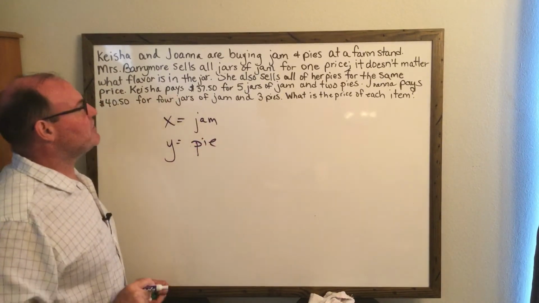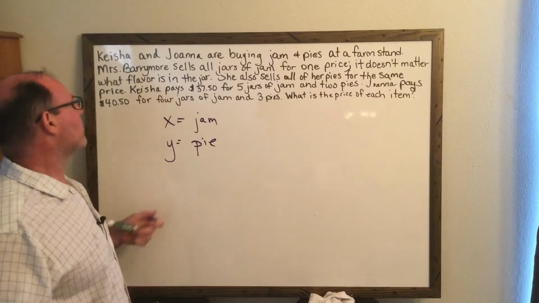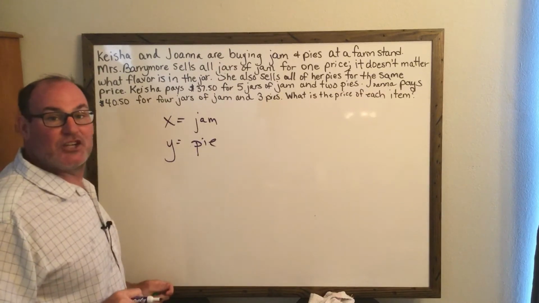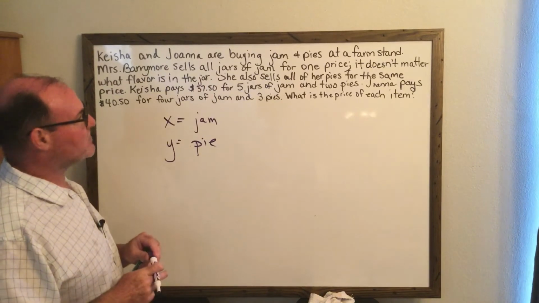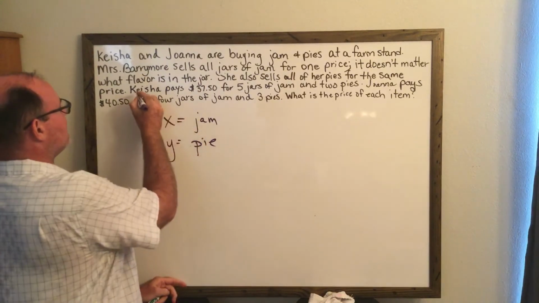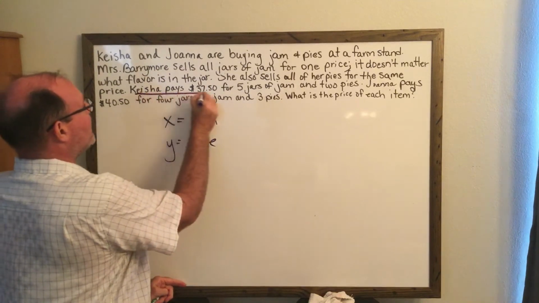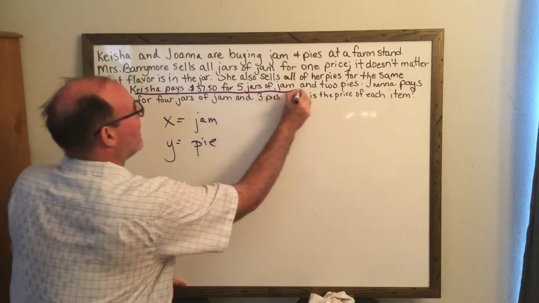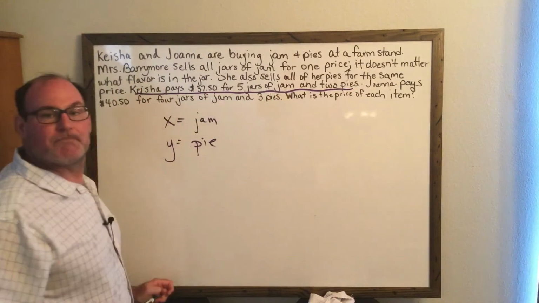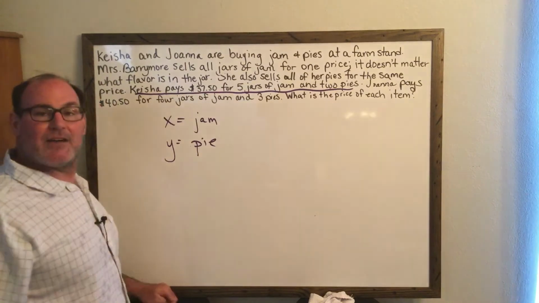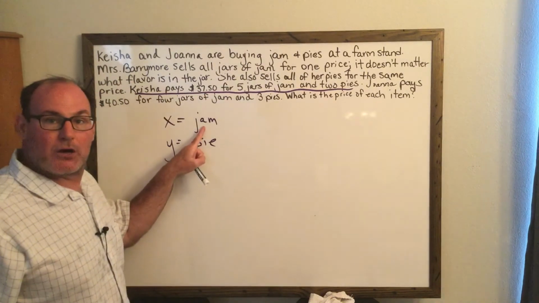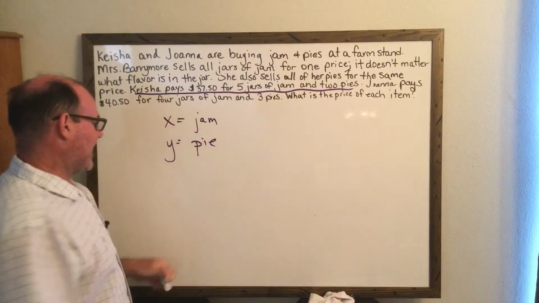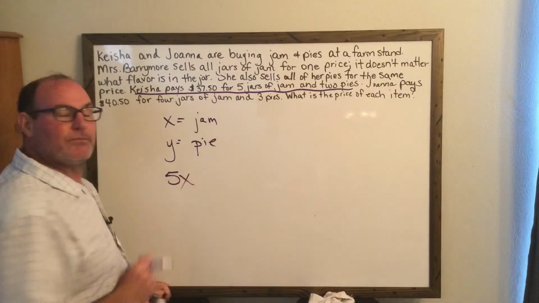Now we are going to use the totals that Keisha and Joanne paid, and that is going to allow us to figure this out. This is key. Keisha pays $37.50 for 5 jars of jam and 2 pies. If x is the cost of 1 jar of jam, then 5 jars of jam would be 5x.